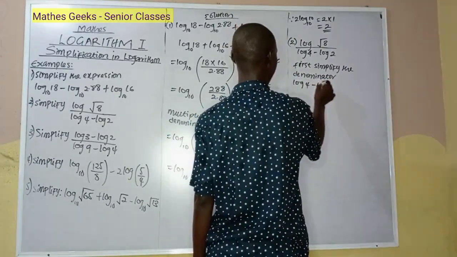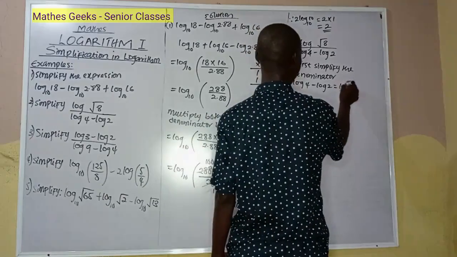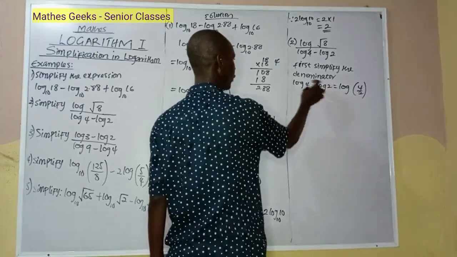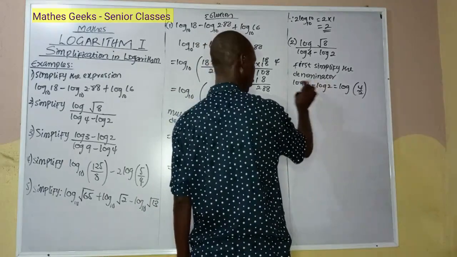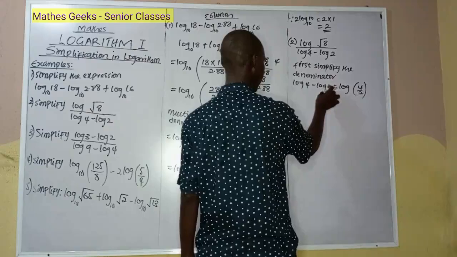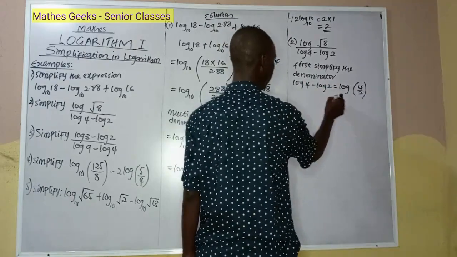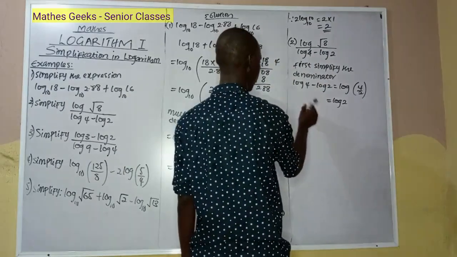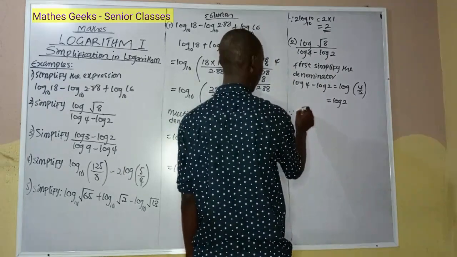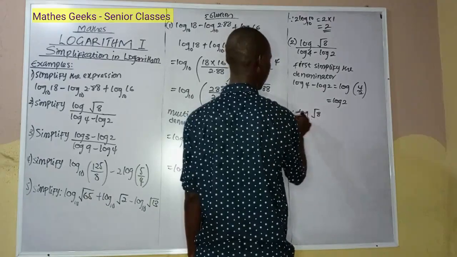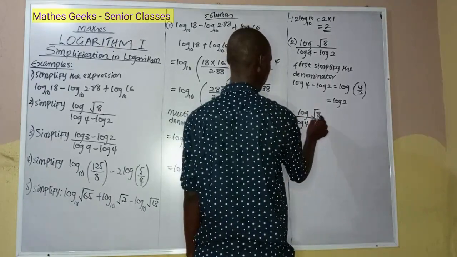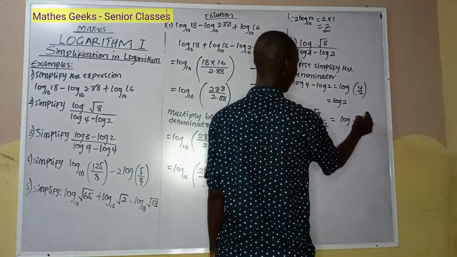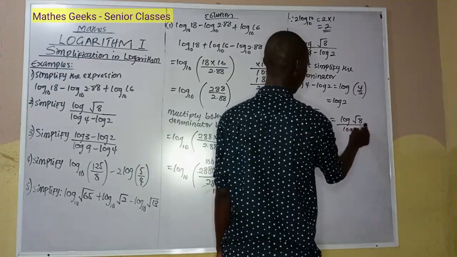Log 4 minus log 2 is equal to log 4 divided by 2. Since no base was written here, the base is base 10, and that here is also base 10. So that will give us log 2. Therefore log root 8 over log 4 minus log 2 is equal to log root 8 over log 2.